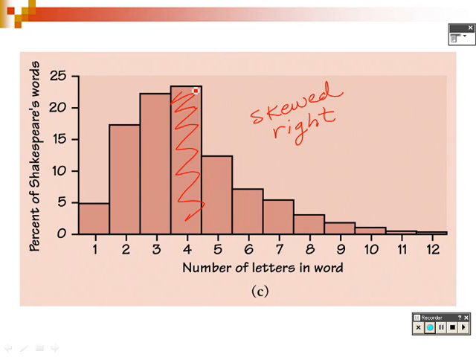So n is large enough. N is bigger than 40. But if n were smaller than 40 here, then we could not use t. So because of this, t is okay. But if n were smaller than 40, then t would not be okay.